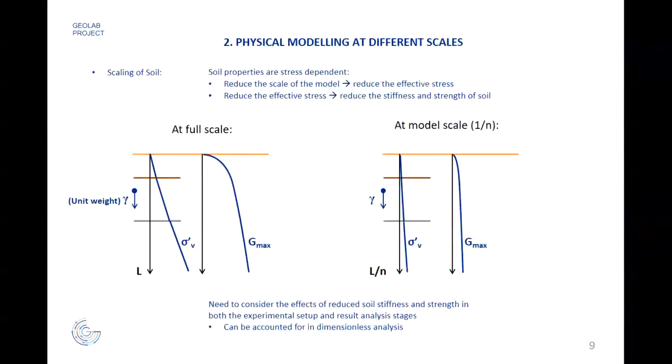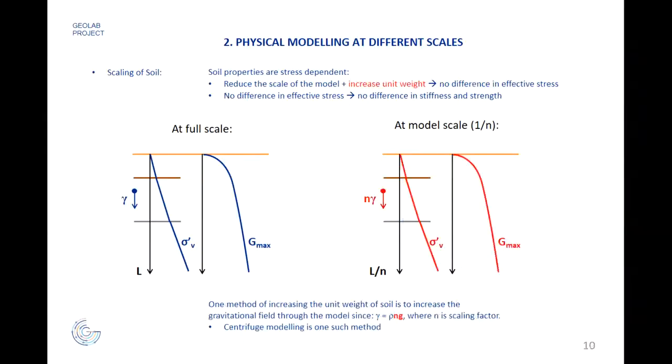We have seen this morning the importance of reproducing the soil properties, and it is possible if we perform the test at small scale, not at 1G but at NG, where the soil properties, for instance Gmax, are correctly scaled on the small scale model.